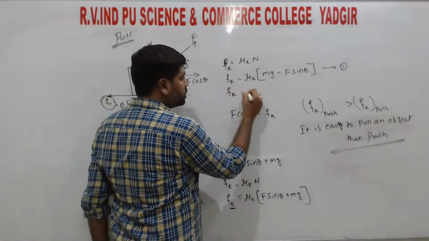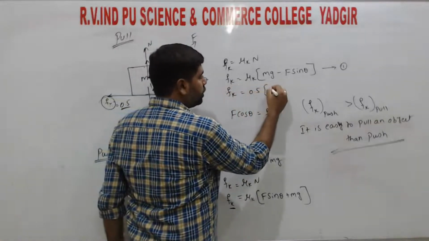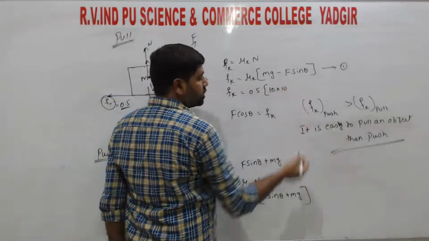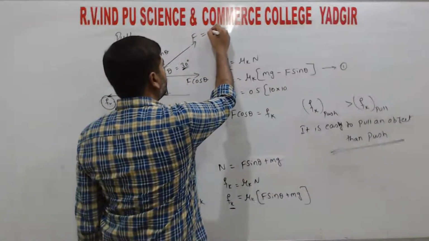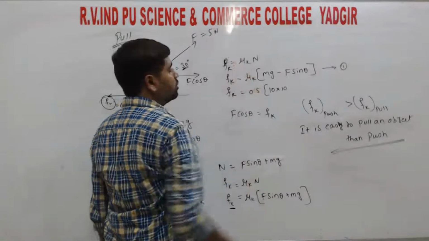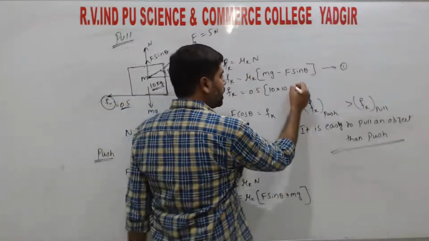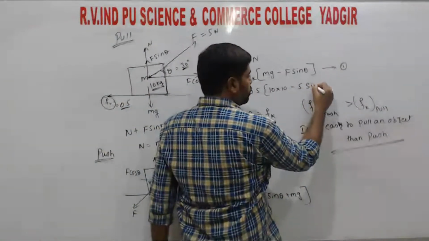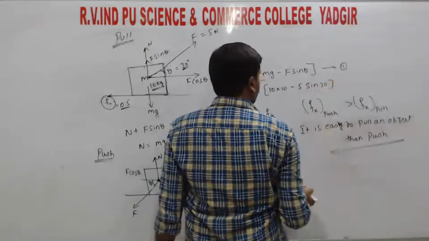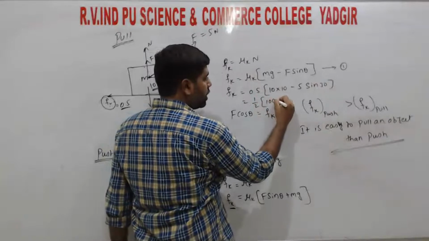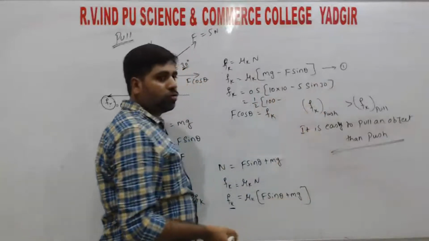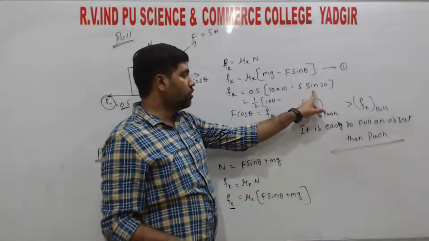So the force of friction is 0.5 into (10 into 10, as acceleration due to gravity is 10) minus F sin 30. Let F be 5 Newton, so we have 5 into sin 30. We can write 0.5 as 1 by 2, so 1 by 2 into (100 minus 5 into 1 by 2), since sin 30 is 1 by 2.